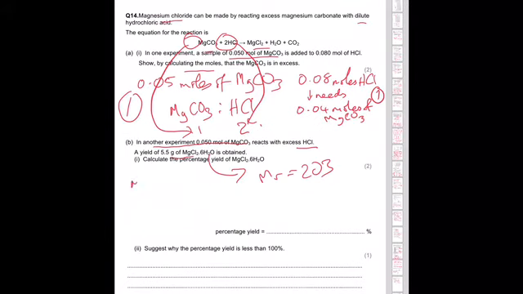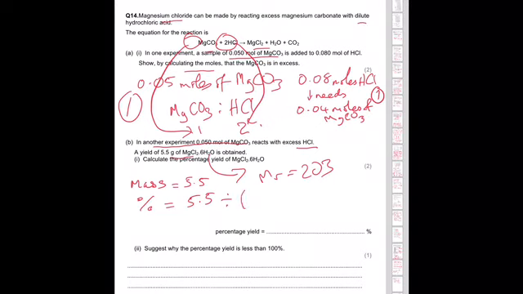Now, you can work out the mass of the magnesium chloride crystals. First thing you need to work out is the Mr of that. So here's your actual mass. Percentage yield is your actual mass over your theoretical mass times by 100.